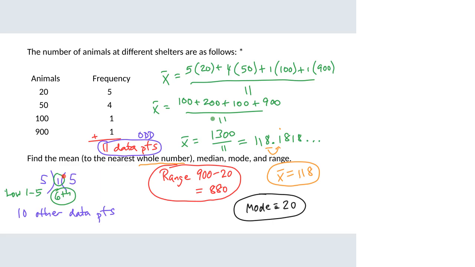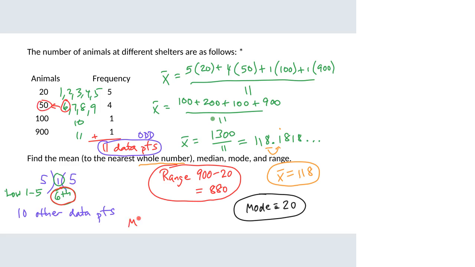All right, well, let's see here then. Data points 1, 2, 3, 4, and 5, and then 4 of these. So data point 6, 7, 8, 9. And if I wanted to do the rest of them, data point 10, data point 11, but the only one I really cared about here was the 6th data point. Here it is. That means it is a 50.